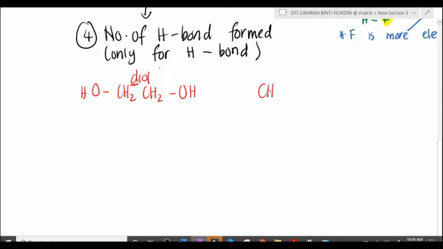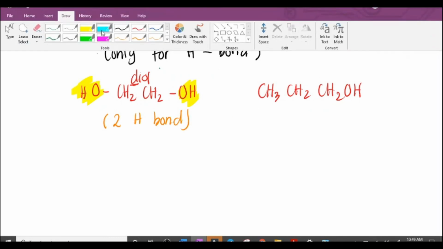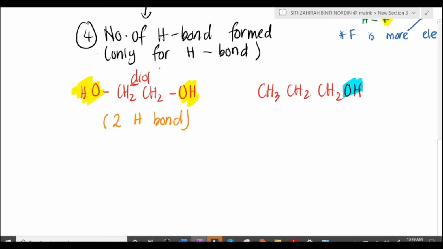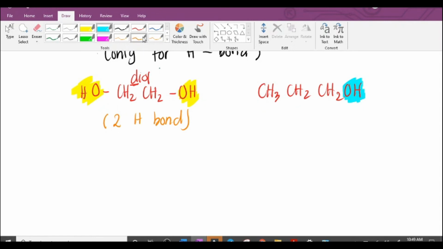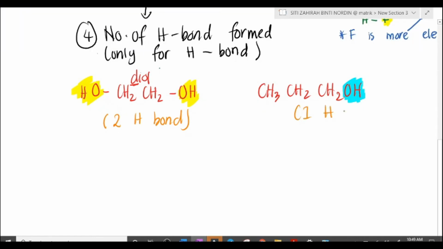With this CH3CH2CH2OH molecule. Notice that this diol structure has two hydroxyl groups, so it can form two hydrogen bonds. Meanwhile, this structure only has one hydroxyl group, so it can only form one hydrogen bond.